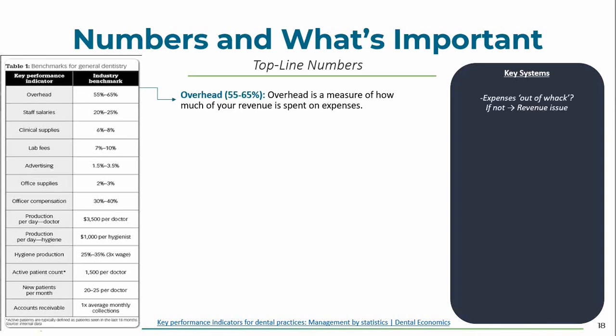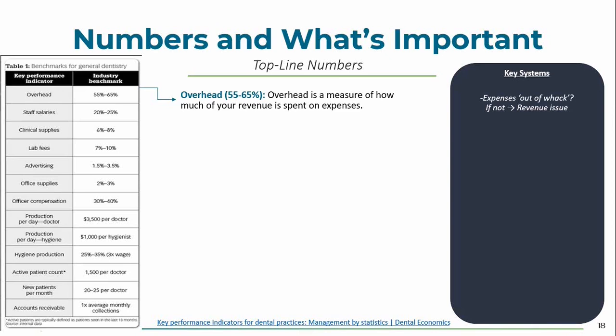So why is that important? Well, if your expenses seem out of whack, if your overhead is really high, for instance, there's one of two reasons. One, your expenses are too high. You're paying your people too much, you're spending too much in occupancy, your lab is too much, whatever that may be. Option two, you're not making enough.